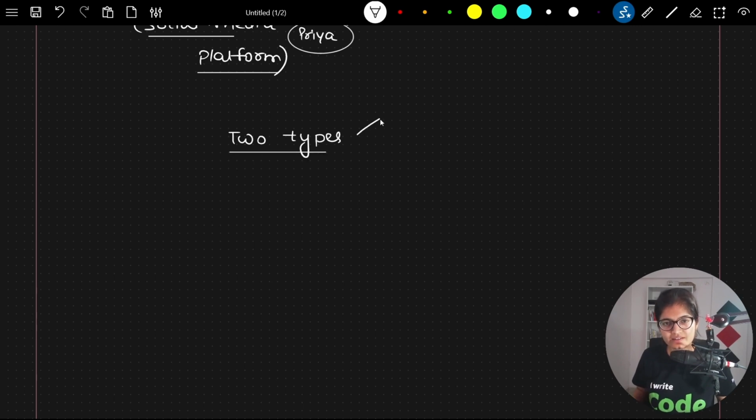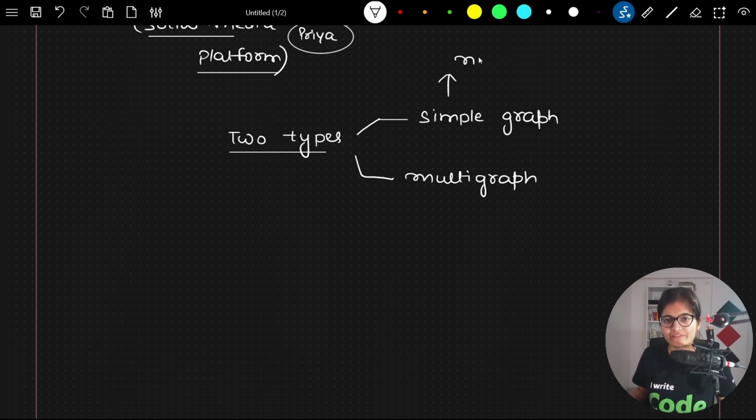One is called a simple graph, and another one is known as a multi-graph. In a simple graph, we do not have any loops, so it will not allow any kind of loop. Whereas in a multi-graph, loops are allowed.